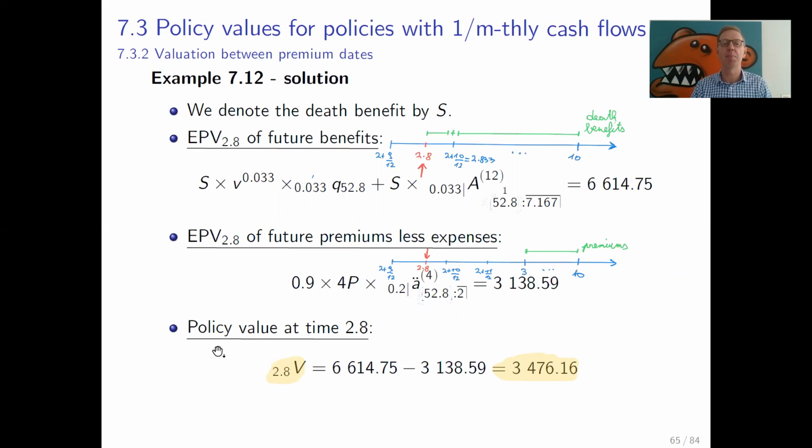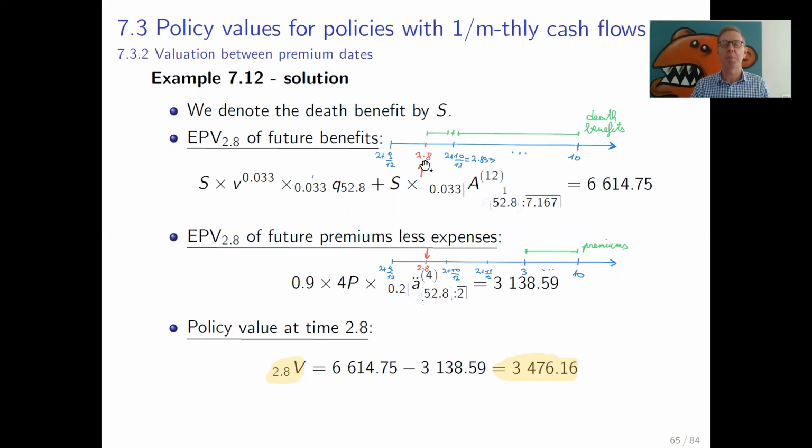In order to calculate the policy value at time 2.8, we first calculate the actuarial value at time 2.8 of the future benefits, and then the actuarial value at time 2.8 of the future premiums less expenses. Let's start with the future benefits. We are at time 2.8.